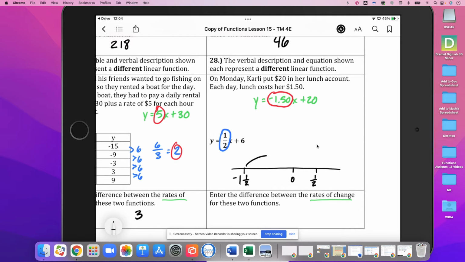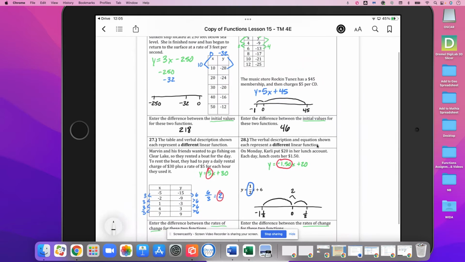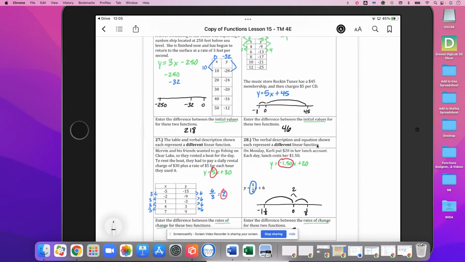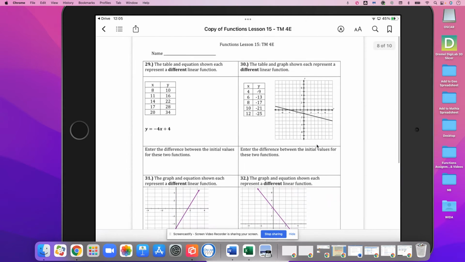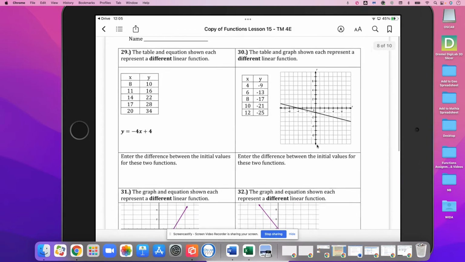So if I go 1.5 and a half more altogether, that makes 2. So the difference in the rates of change for this is going to be 2. Alrighty. And moving on to 29.